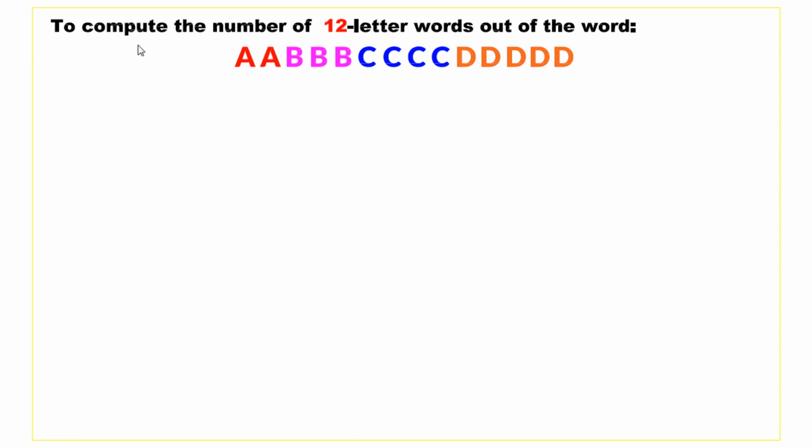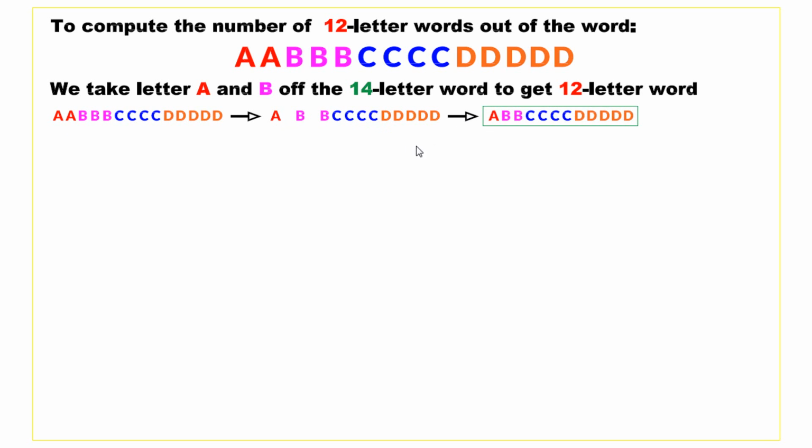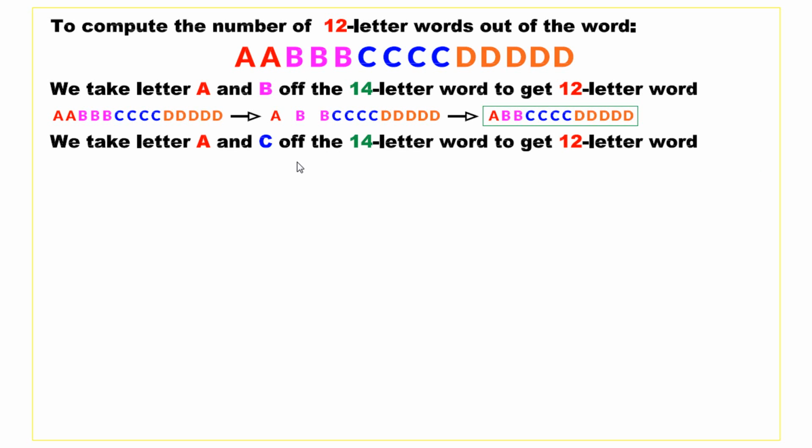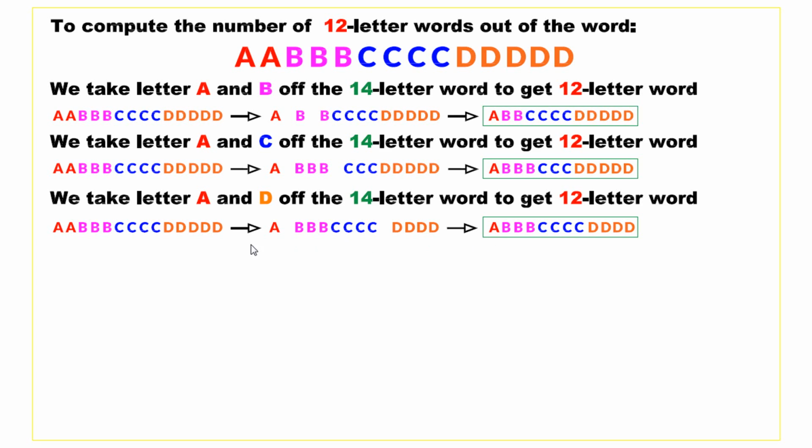Now, to compute the 12-letter word out of the 14-letter word, we can do the following. We can take one A and one B from here, and we end up with this word. And we can take letters A and C, and we end up with this word. We can also take the letters A and D, and we end up with a 12-letter word.